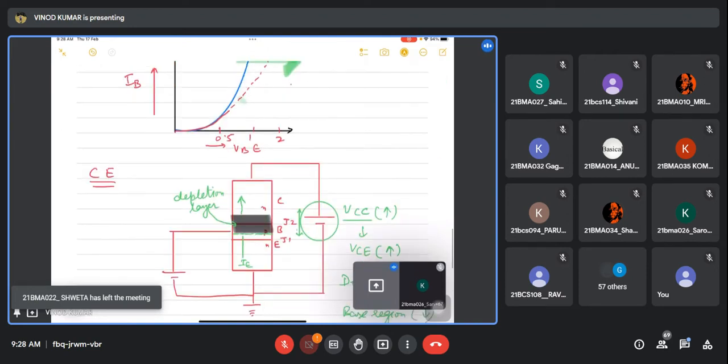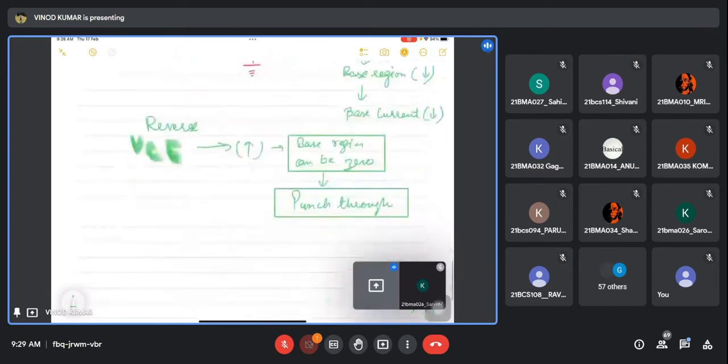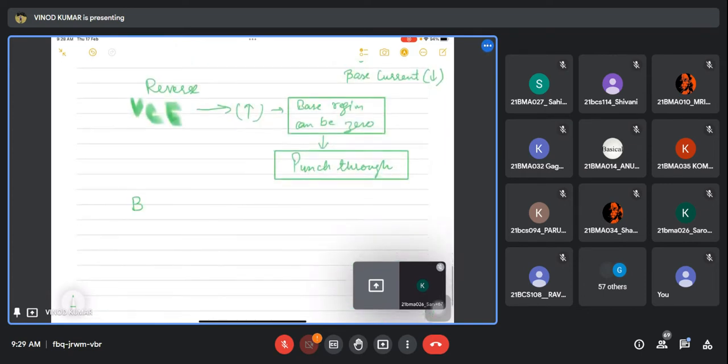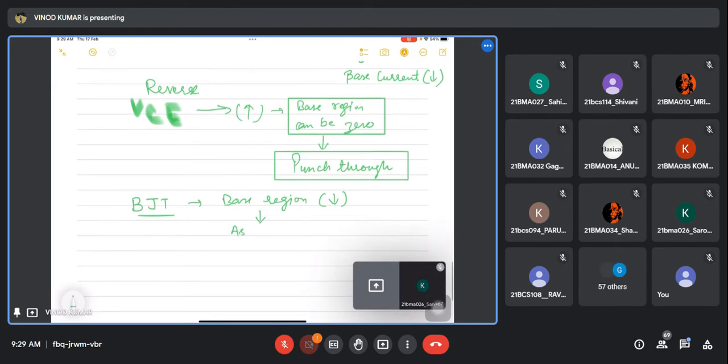And that is the problem with the BJT device over the years, because BJT's base region is very small, and because of that it is an asymmetric device.